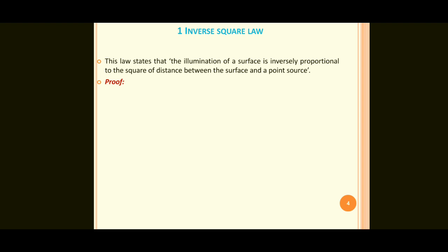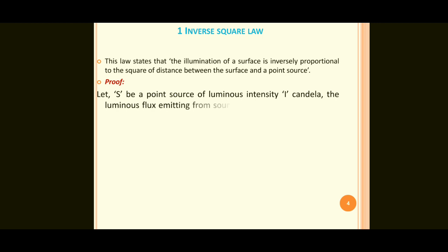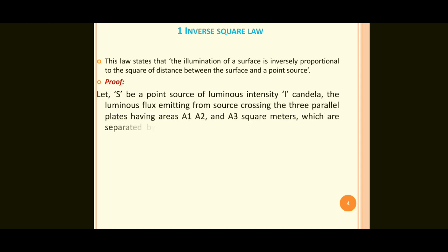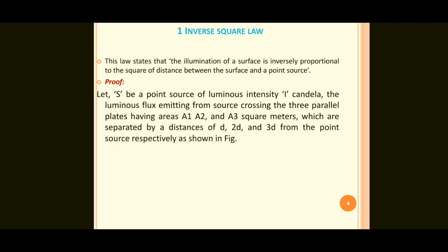Next, the proof. Let S be a point source of luminous intensity I candela.